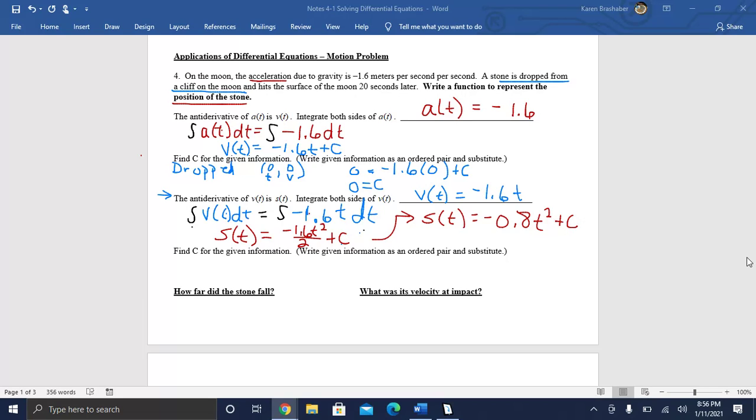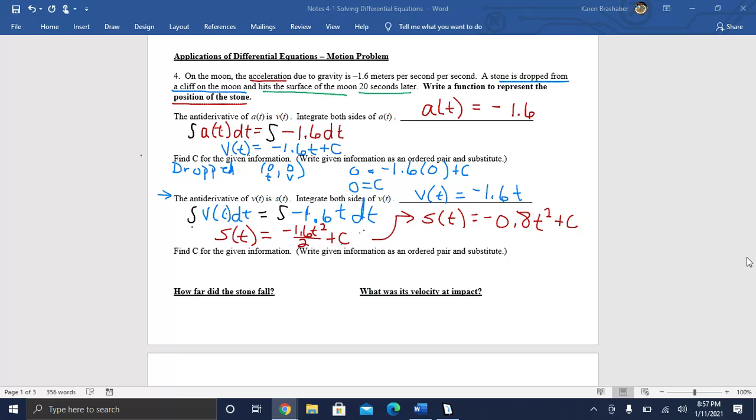And now we'll go back and look at our given information. It says the stone was dropped from a cliff on the moon, and it hit the surface of the moon 20 seconds later.